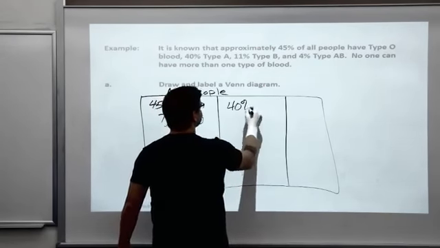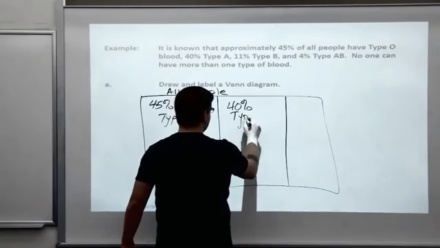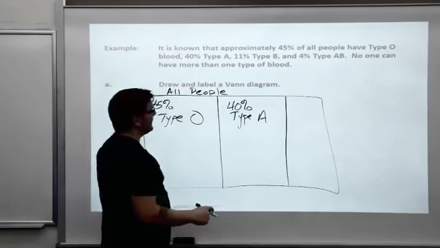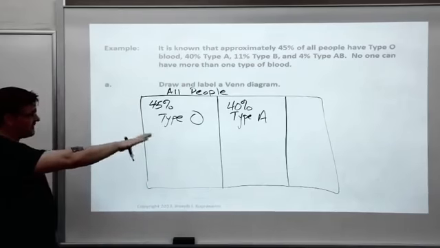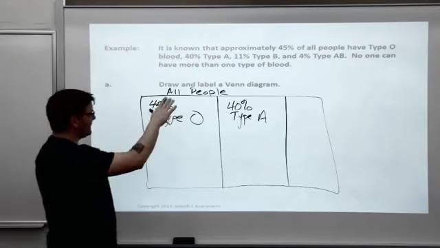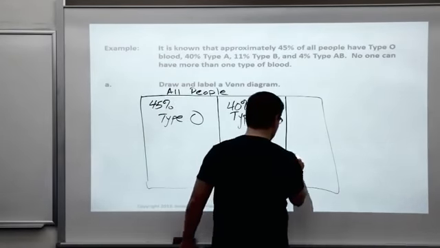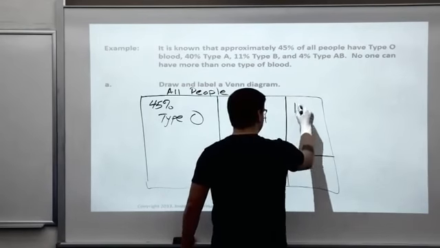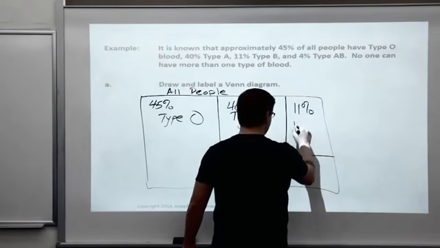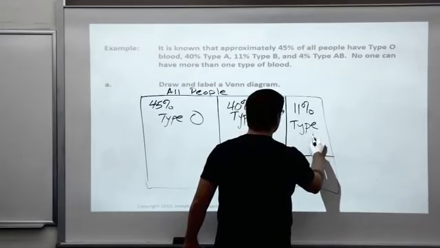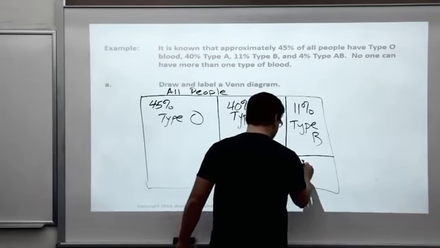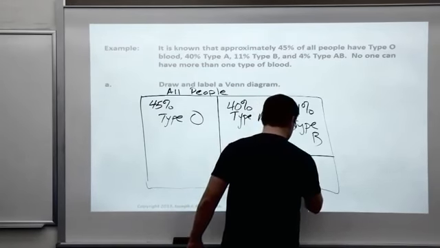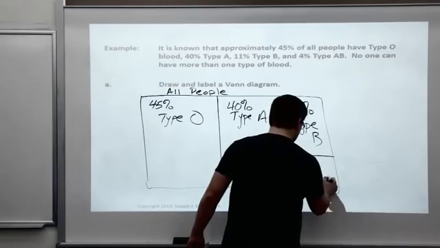Here's your 40% type A blood. That last piece is 15% total. It's 11% for type B, so maybe we'll do like this. Here's 11% for type B, and the bottom little piece here, 4% for type AB.